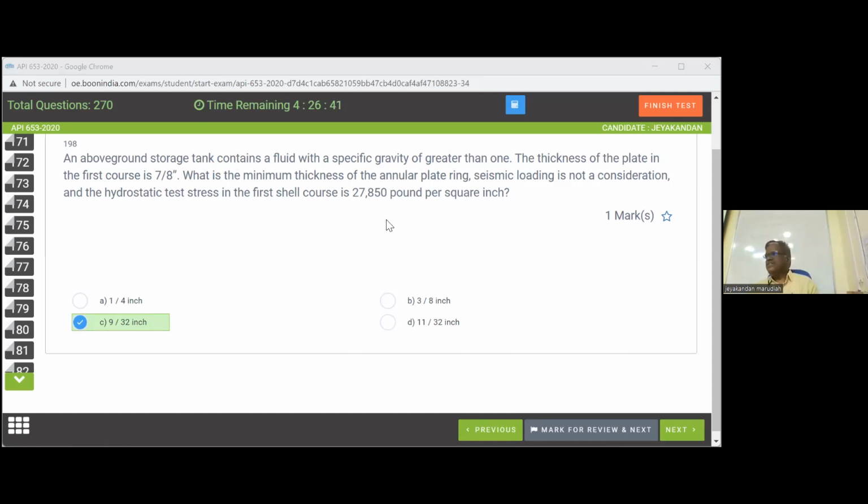For in service, to check the under bottom plate, there are two tables, one in 653 and another in 650. If the specific gravity is less than 1, you have to follow the 653 table. If the specific gravity is 1 or greater than 1, you have to follow the 650 table. This exam question is asked regularly, in the open book exam, but you have to keep it in mind. If the specific gravity is 1 or greater, not the 653 table, you have to check the 650 table.